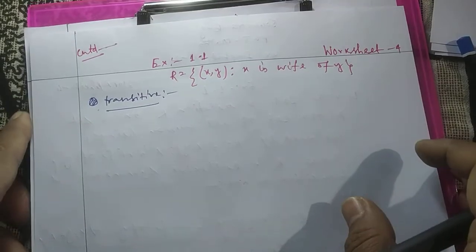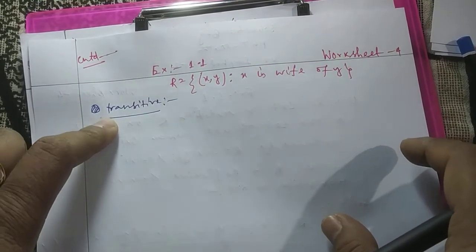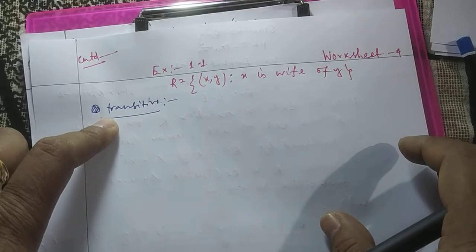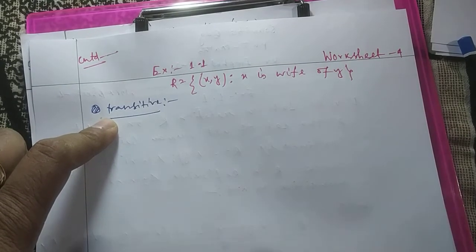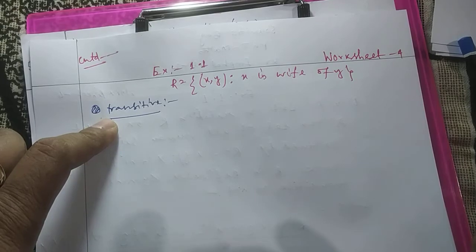Now let us come to the third point to be checked, that is transitive. We know from the definition that to be transitive we need to pick up three distinct elements.